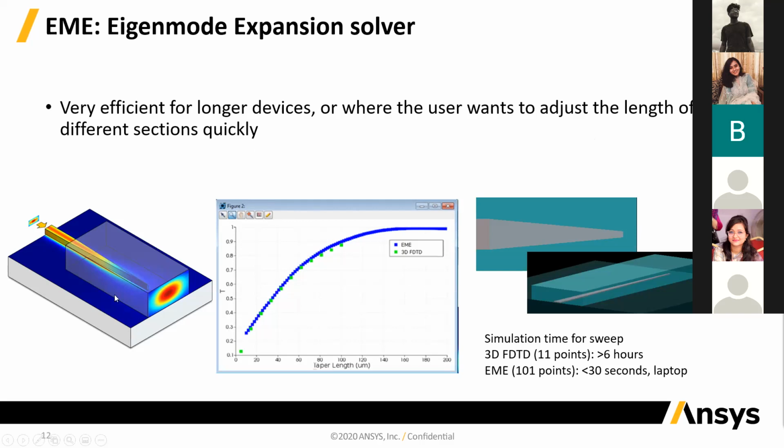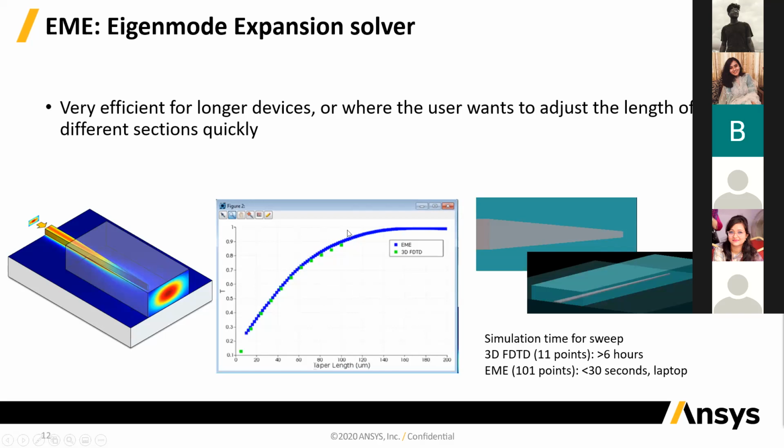So we have a taper here connecting light from a small waveguide to a very large waveguide. And then with EME, you can see the blue line here. We did a sweep going from, I believe, 10 micron to 200 micron length with 101 points.